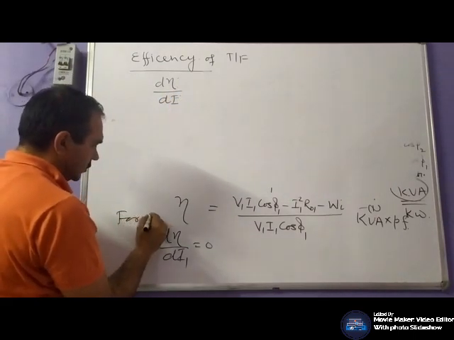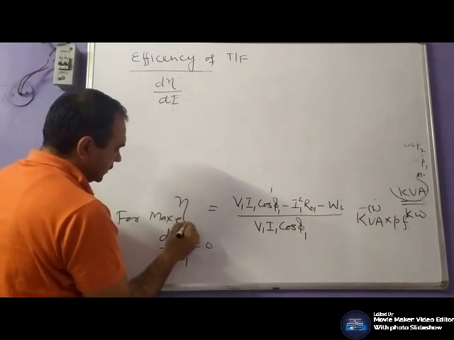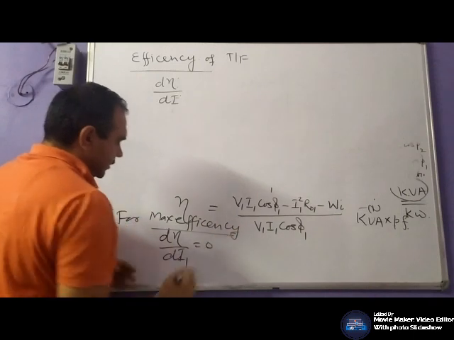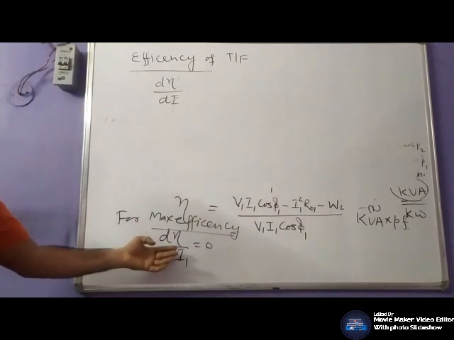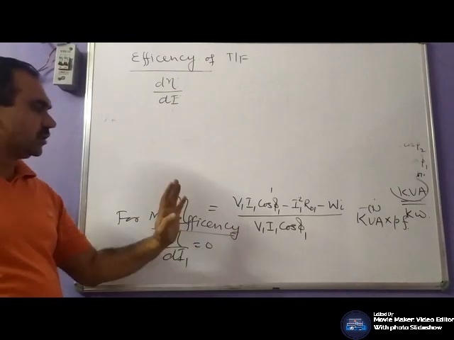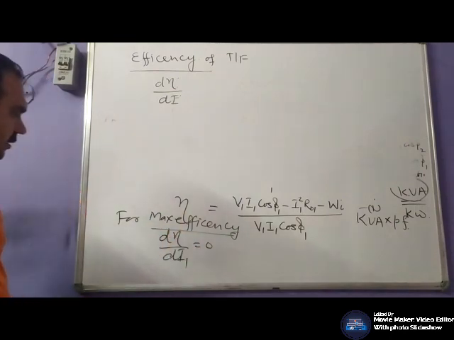For maximum efficiency, this differentiated with respect to I1 should be equal to 0.